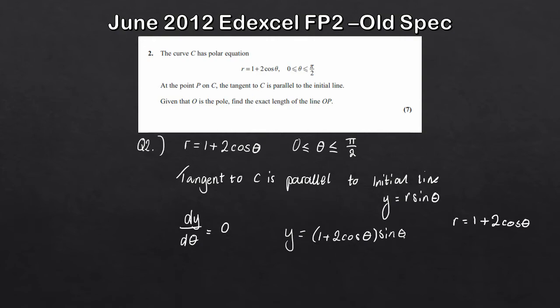Okay, putting that together now, what we do know is that this differentiated is equal to 0, so if we can differentiate it, it will make life much easier. So if you differentiate this, what would we get? So dy by d theta, what's that going to give us? So 1 times sine theta, so that'd be sine theta, differentiate that, you get cos theta, and then 2 sine theta cos theta.